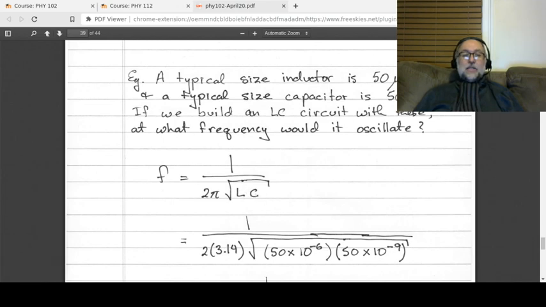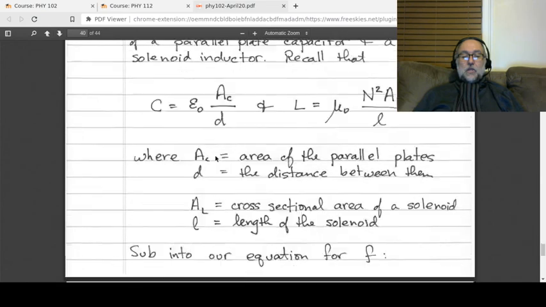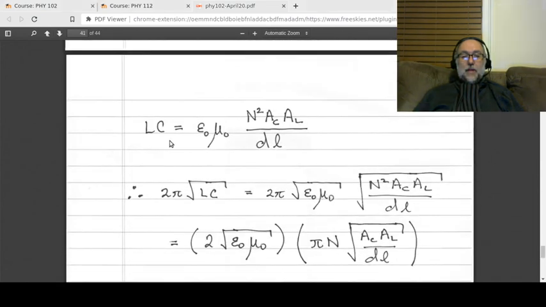So that we don't get confused, I first took L and C and multiplied them together. If I multiply them, I get epsilon naught times mu naught, the permittivity multiplied by the permeability of free space, multiplied by n squared A_C A_L over D L.